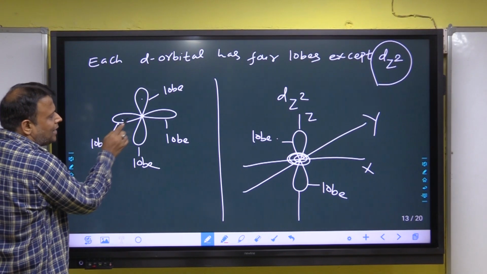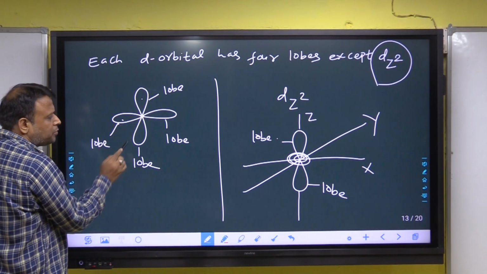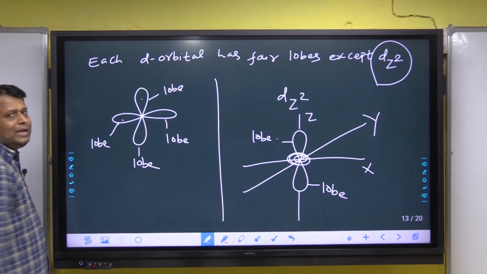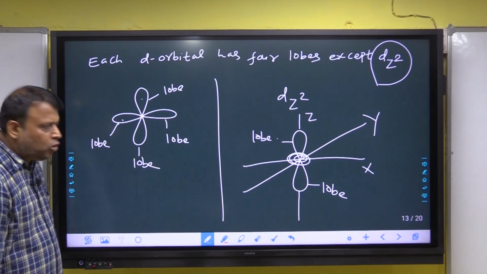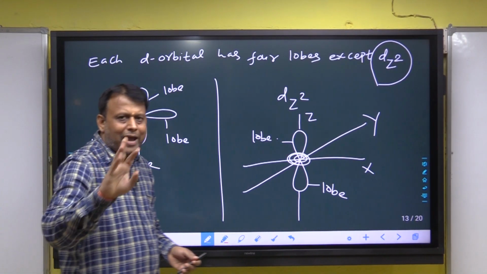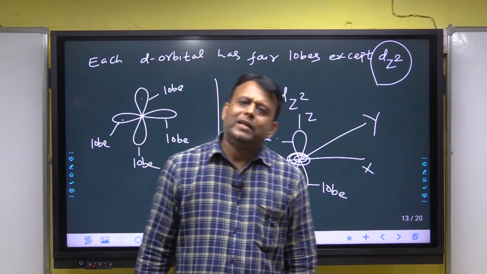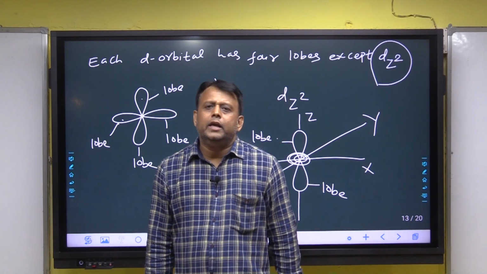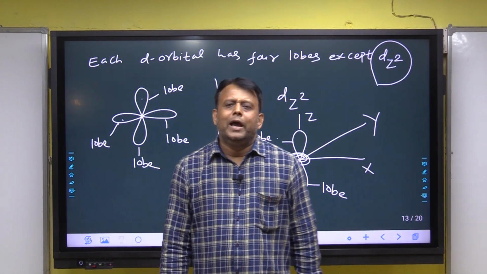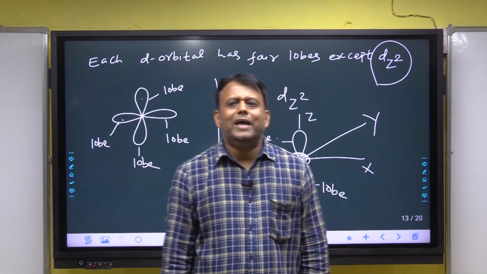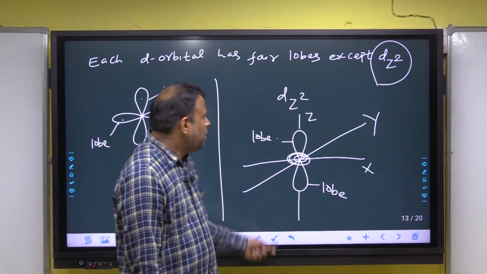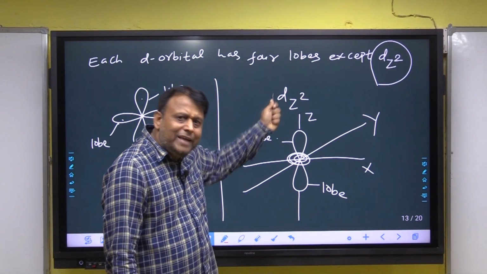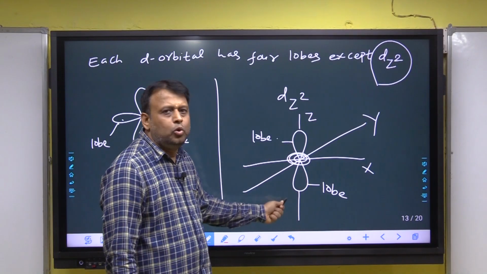One part of electron density, other part, third part, fourth part, and hence a d orbital has 4 lobes. dxy has 4 lobes, dyz has 4 lobes, dzx has 4 lobes, and dx square y square has 4 lobes. But in the case of dz square, only 2 lobes.